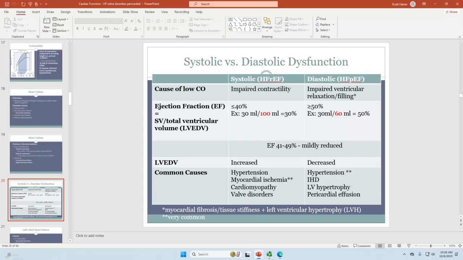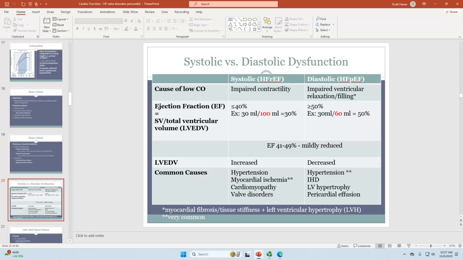Conversely, diastolic heart failure has less to do with the contractility properties of the heart muscle, but more with the inability of the heart muscle to fully relax. So what I mean by that, from a volume pressure standpoint, is this is our normal ventricle size, fully relaxed.